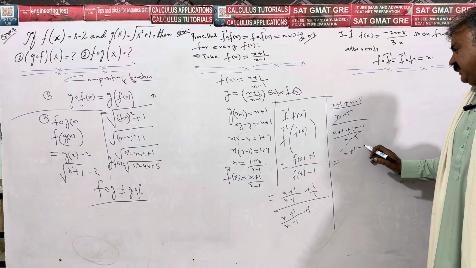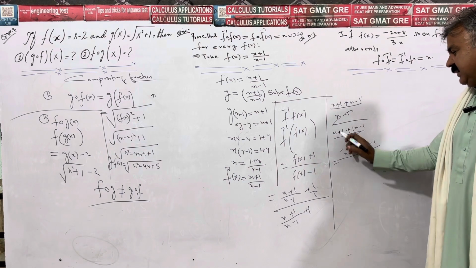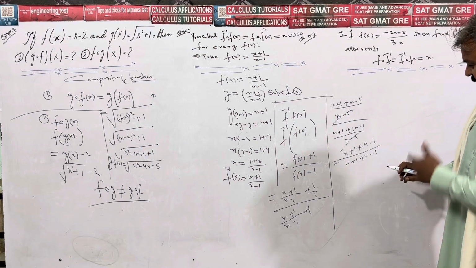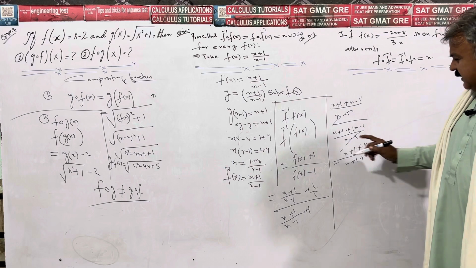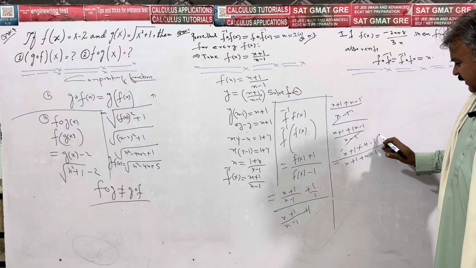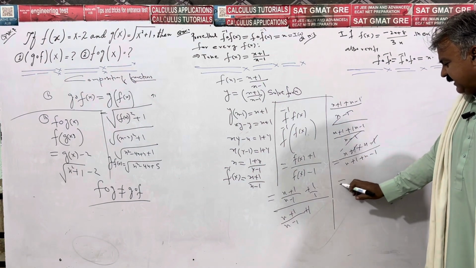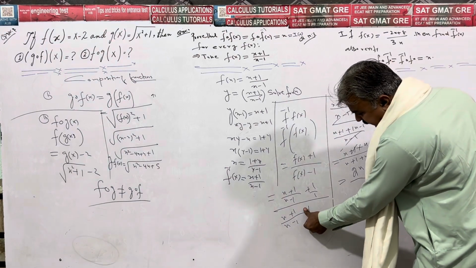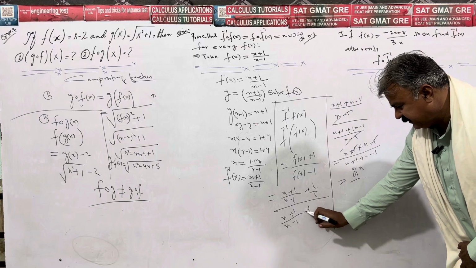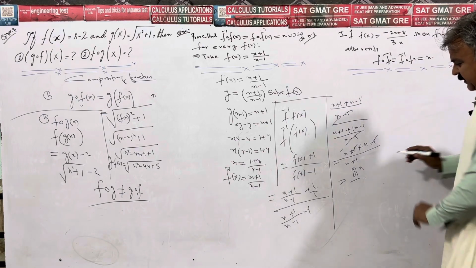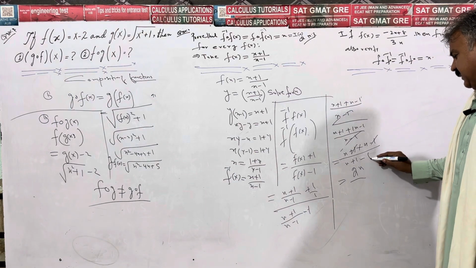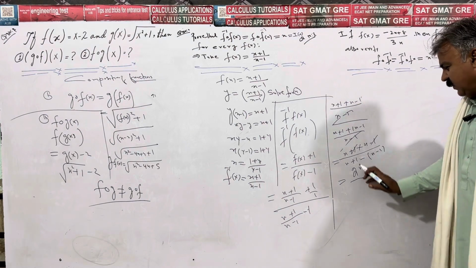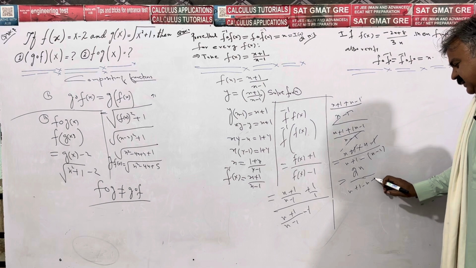Let me write what is remaining. In the numerator I have x plus 1 plus x minus 1, and in the denominator I subtract: x plus 1 minus x minus 1. In the numerator the 1s cancel, so it is 2x. In the denominator there is a minus, so it is x plus 1 minus times x minus 1, which gives x plus 1 minus x plus 1.